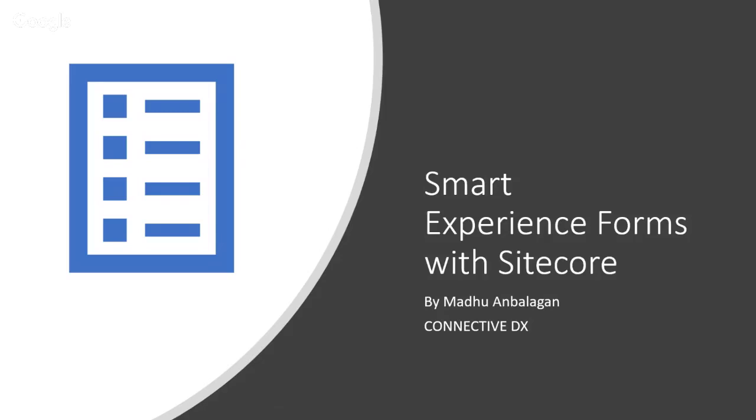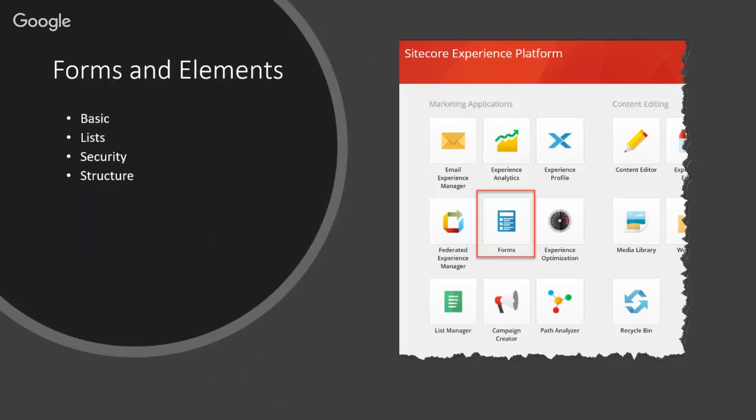As soon as you install Sitecore 9, you should be able to see the Forms icon in the Experience Platform. It's part of the Sitecore installation, so you're ready to start as soon as you install Sitecore 9.